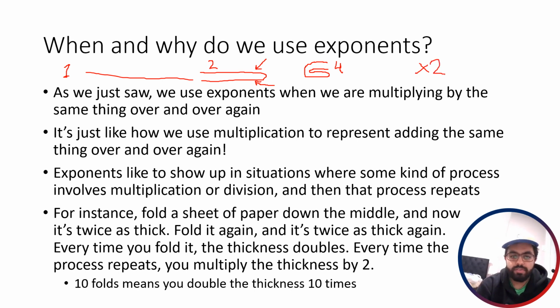So that's an example of something where using exponents to do some math, like talking about the thickness, would come in handy, because every single time that you do that process of folding, the thickness gets multiplied by 2, and then you can always repeat that folding process. So you can repeat that multiplication by 2. So that's just a little sort of warm up for going forward with exponents and where they might be useful.